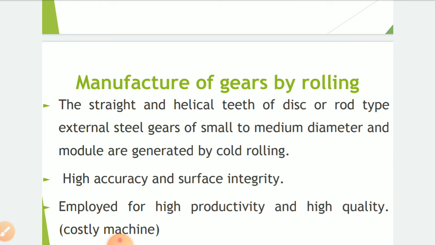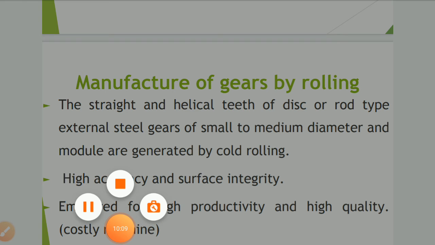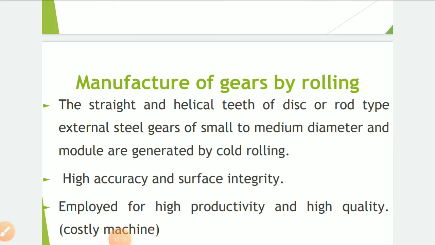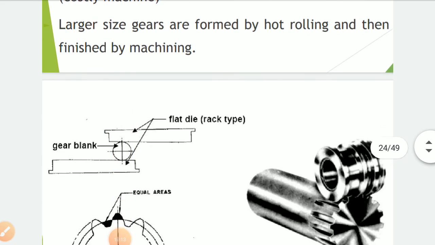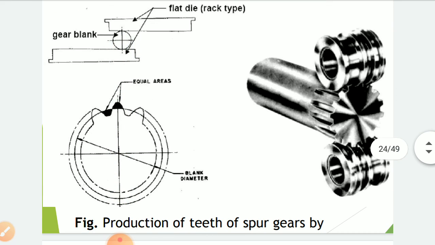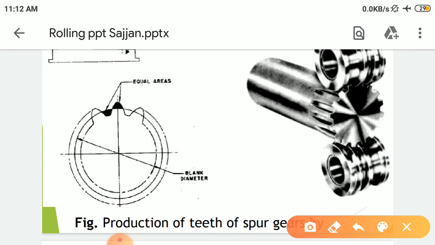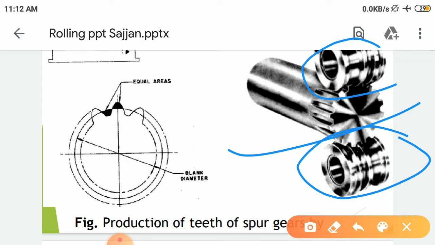Now we can also manufacture gears. So how can we manufacture gears? Look at this picture. Here this is one roller and this one is another roller, and between these rollers we will pass our workpiece.